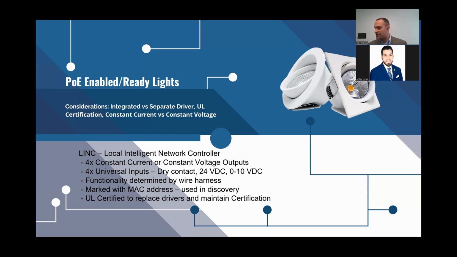The advantage of constant current is you have a little bit better range on how long your cable between the node and the light can be, because we're driving current. This is an important note: if you're separate like this, you can have the node somewhere between 200 and 300 feet from the fixture, especially if it's constant current.